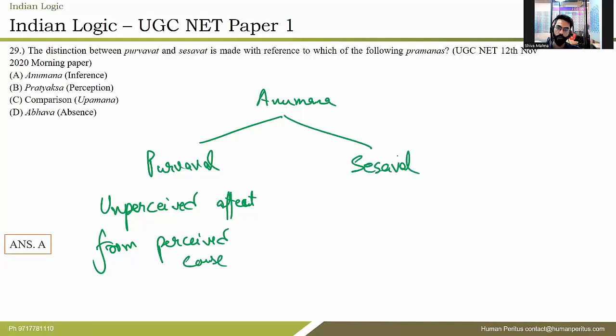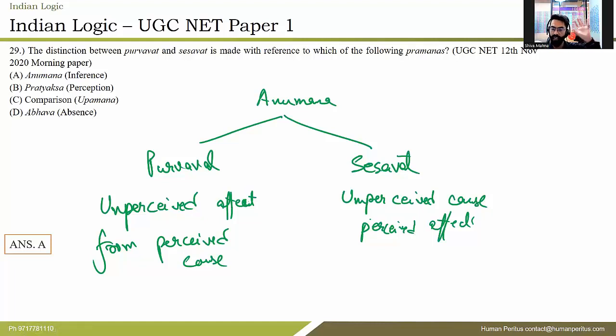Sesavat is the absolute opposite to this: inferring an unperceived cause from an effect. We have already discussed these before. You remember, if there are dark skies or dark clouds, that means it is going to rain. That is Purvavat. If you see a muddy road or an overflowing river, that means it has rained before. That is Sesavat. Okay. Correct answer is A, or Anumana.